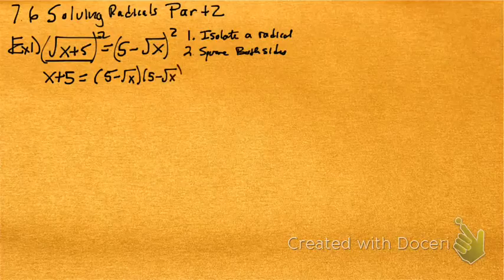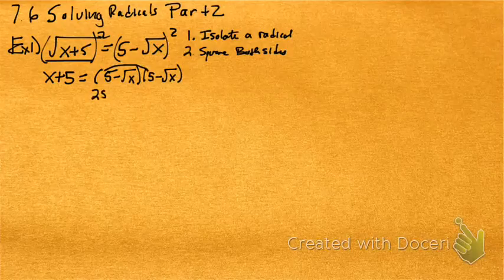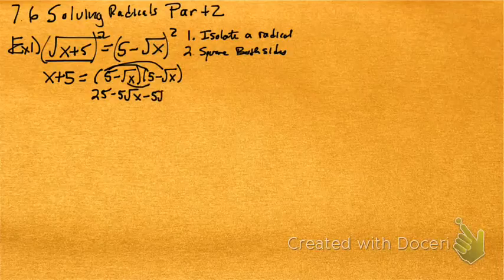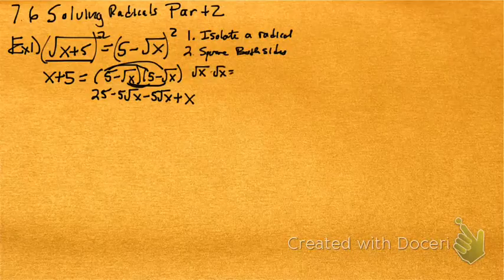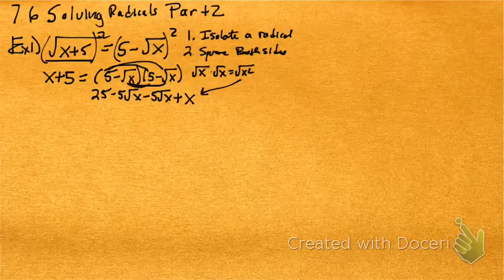We end up with 5 times 5, which is 25, 5 times negative root x, which is negative 5 root x, and then another negative 5 root x, and then negative root x times negative root x is really positive x. Remember, the square root of x times the square root of x is the same as the square root of x squared, which is just x.